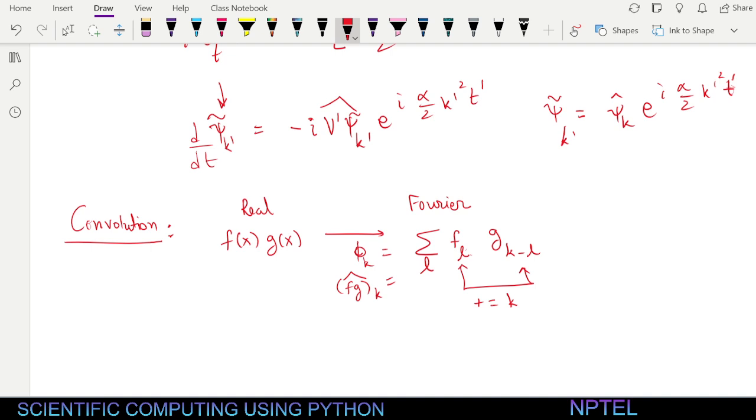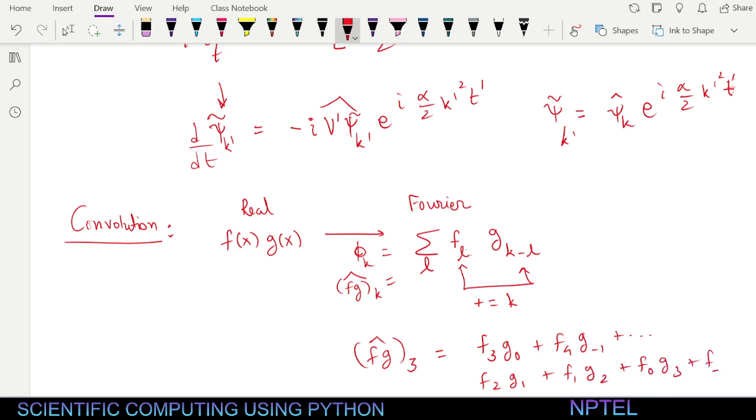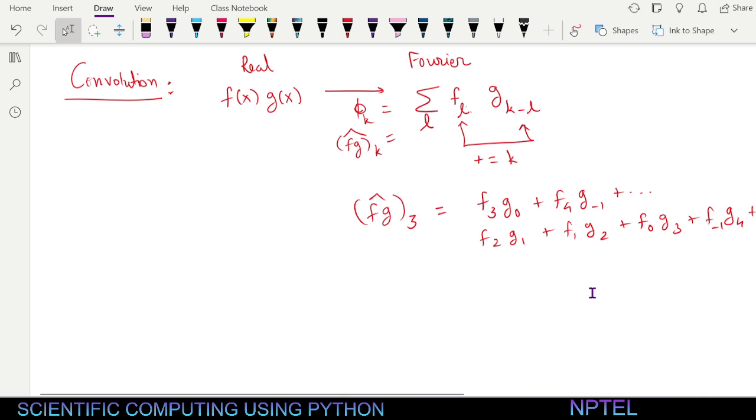For example, if you want to do fg of 3, then it becomes f3 g0 plus f4 g minus 1, etc. And then f2 g1, f1 g2, f0 g3, f minus 1 g4, etc. Okay, so this is called the convolution. Any questions?